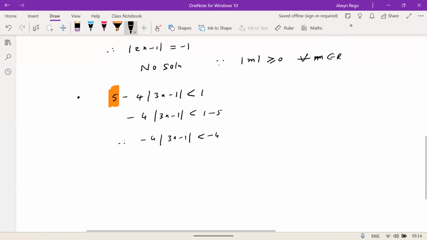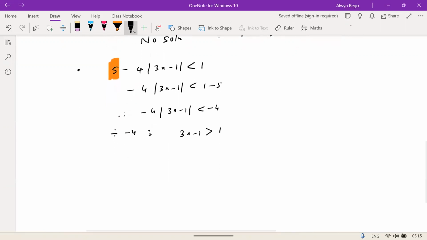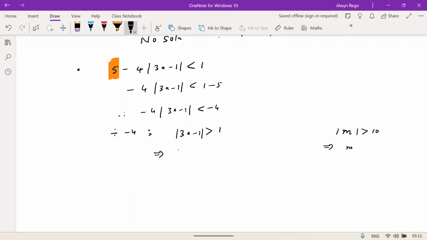We divide by negative 4, so the inequality switches. So |3x - 1| > 1, which implies that if |m| > 10, then m must either go to the right of 10 or to the left of -10.